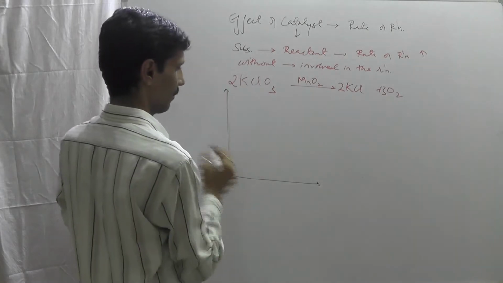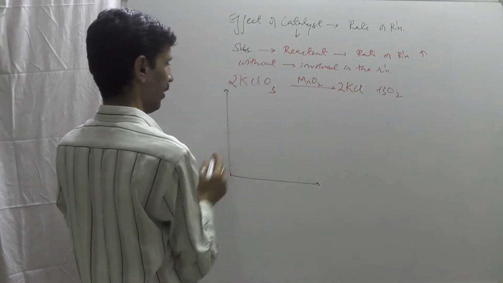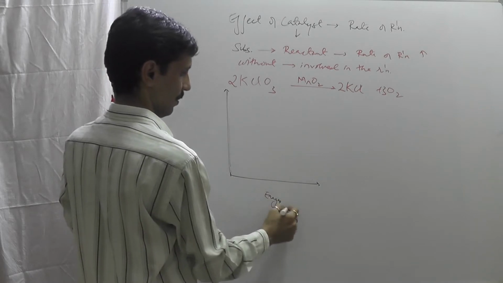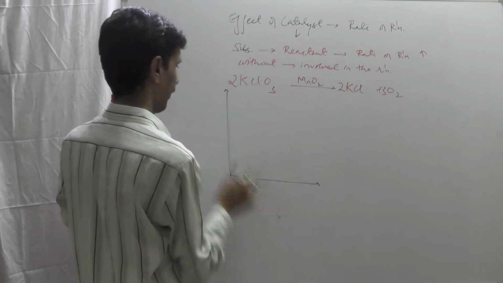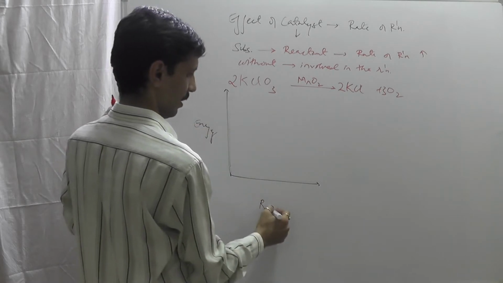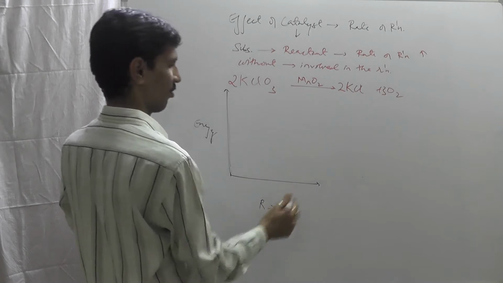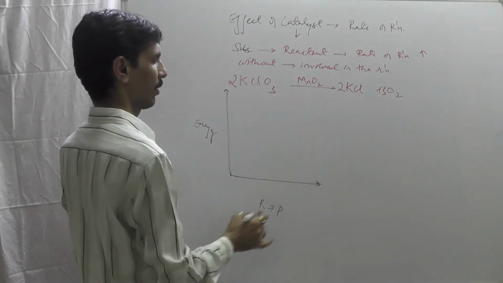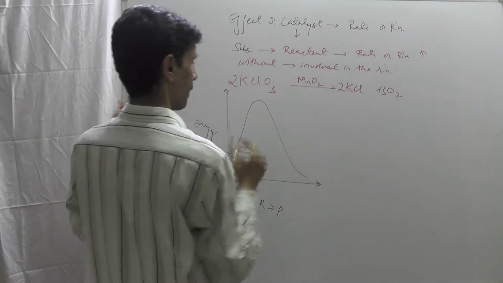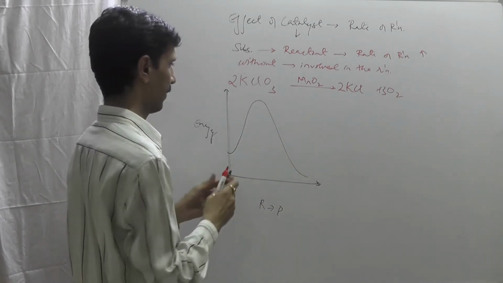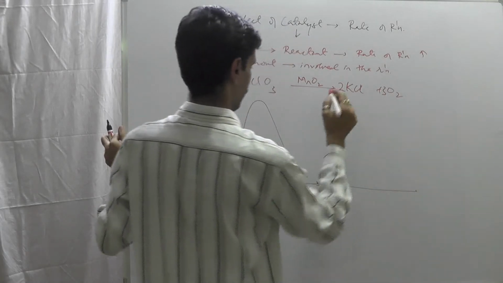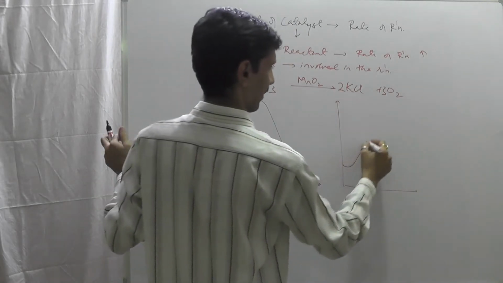Okay, like this. Now, the first one is with respect to the energy. I'll write down the energy on this side, and then we go into the coordination of the reaction, that is reactants going towards the products. We have the reaction in this particular manner, and in the other case I have a reaction like this.